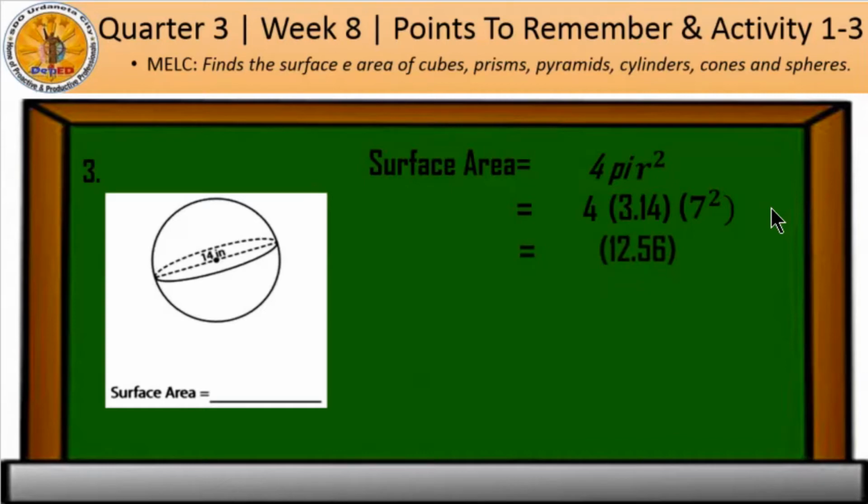So 4 multiplied to 3.14 is equal to 12.56 times 7 squared is equal to 49. 12.56 multiplied by 49, the answer is 615.44 square inches. So the surface area of our sphere is 615.44 square inches.